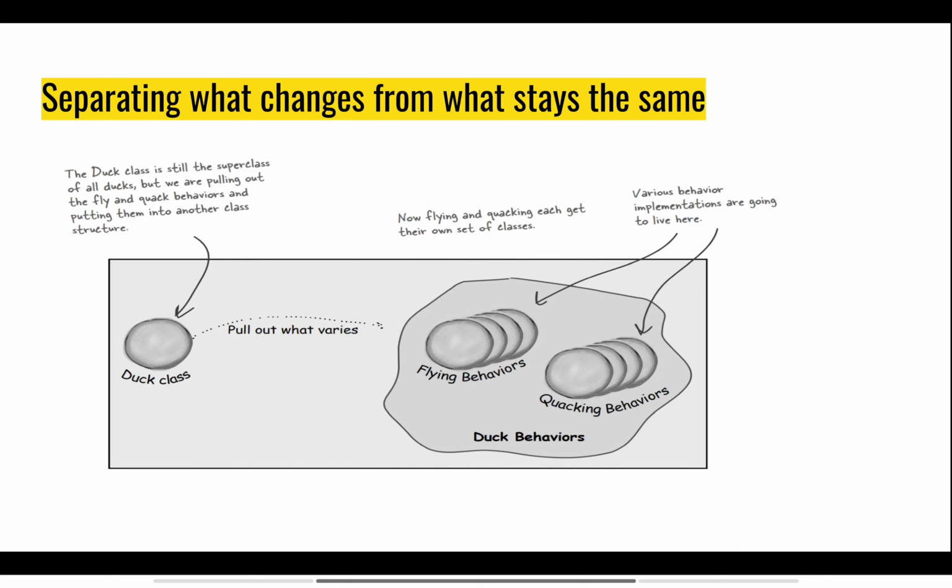So we have extracted out this fly and quack behavior from our Duck class. The Duck class is still the superclass of all the ducks, but without fly and quack behavior in it. The fly behavior and quack behavior are now handled under the FlyBehavior and QuackBehavior interfaces.